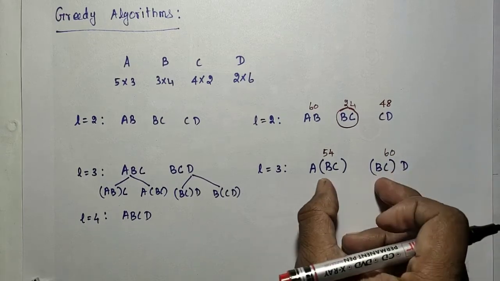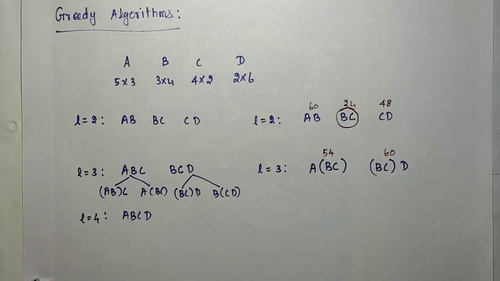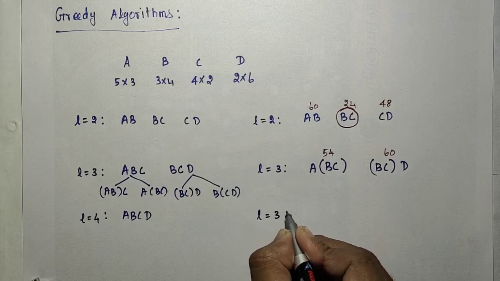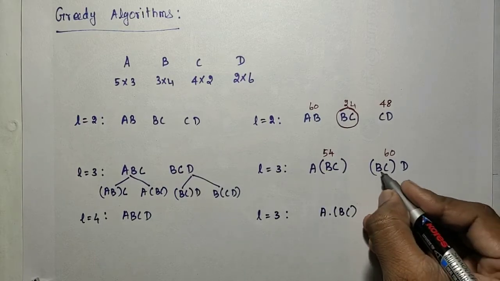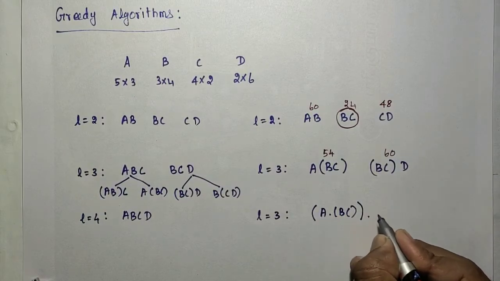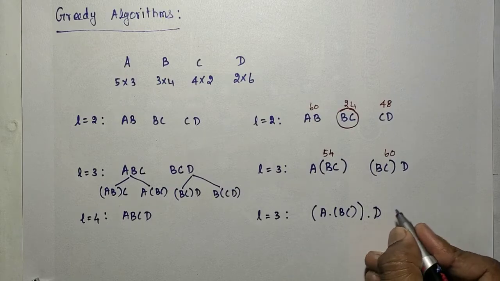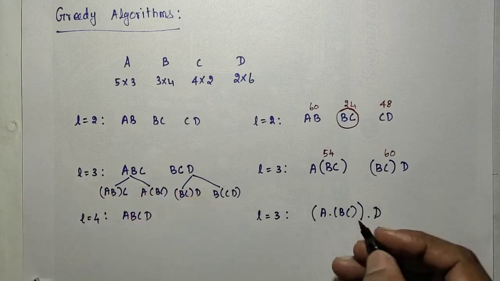So at this stage, the one looking best is A into BC. For L4, we can directly obtain the answer: A into BC, we can skip this, BC into D will not be there. This answer into D, like that we can directly write it. Only one option. So the total multiplication needed here is 114.